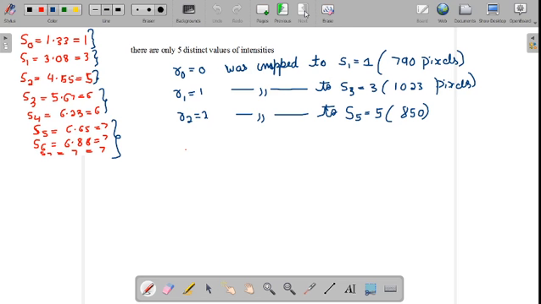So we'll be writing this as R3, which is equal to 3, and R4, they both will be mapped to S6, which is equal to 6.